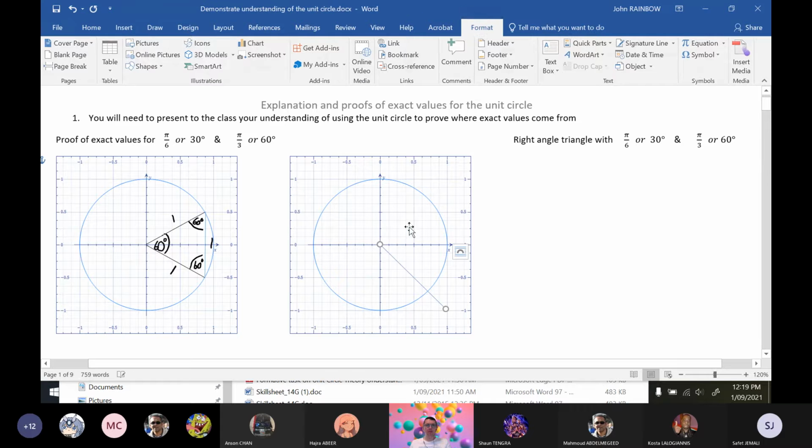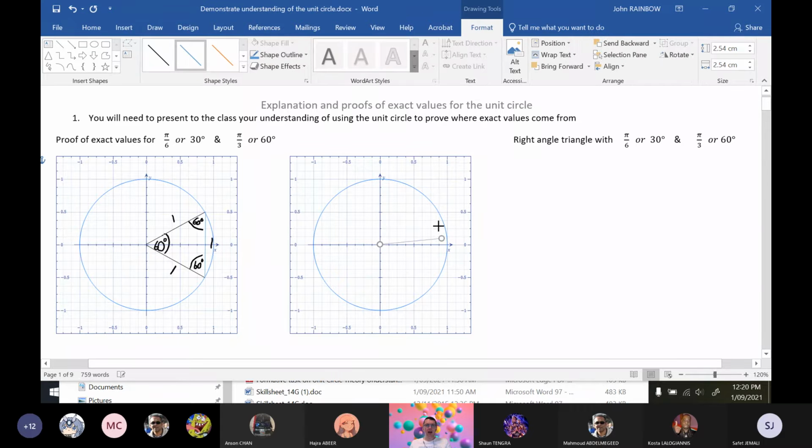All right, the next section. We're going to halve this triangle. So what we're going to do is we're going to halve it straight through here, okay? As I said, this is all about a proof. So this is about how we can prove specific angles. So this should be going to there, and this should be going to about there-ish.